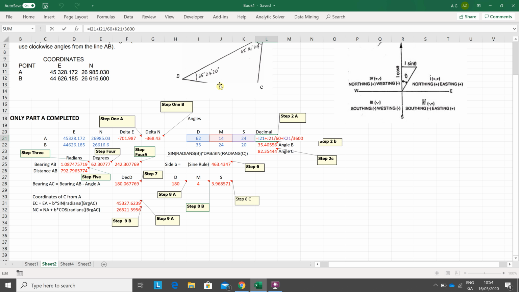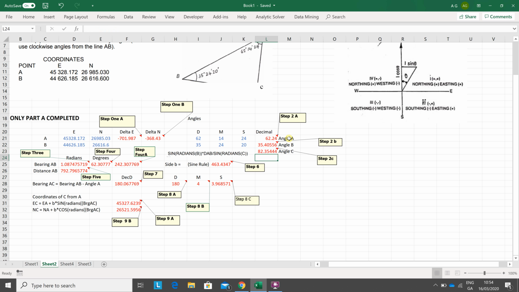So it's the decimal degree plus the minutes over 60 plus the seconds over 3,600. Same thing there. And then to get the third angle C, well, it's 180 minus the other two. I hope that's okay.